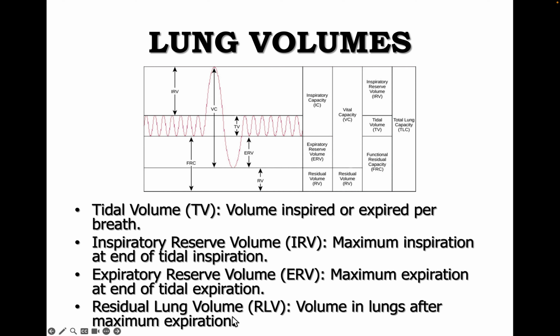Lastly, we have what's called residual lung volume, meaning if I breathed all the air out I could, what's the extra amount of air that's still remaining in my lungs at that point? It's important that we have extra air that we can't breathe out in our lungs for this very reason. If we were to breathe all the air out of our lungs, it would be kind of like wet shrink wrap.